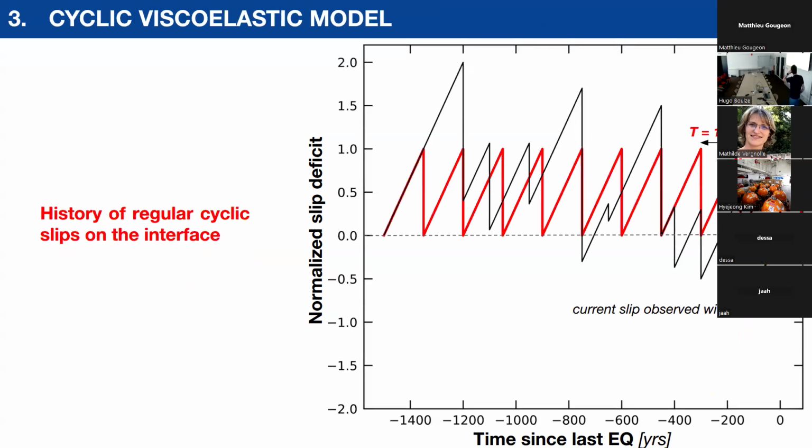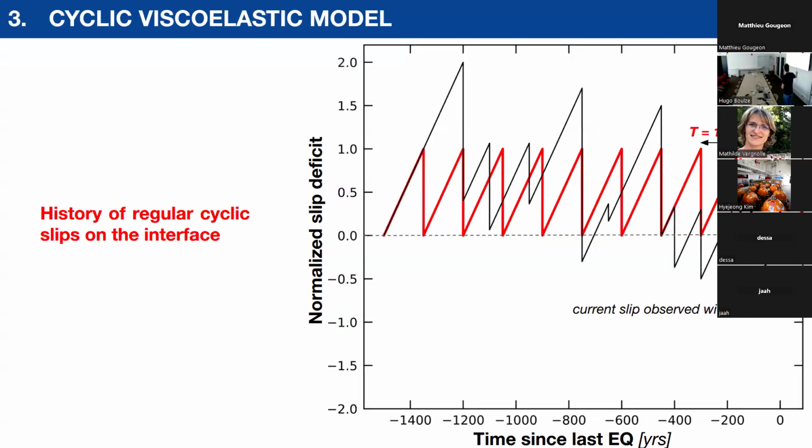And finally, there is this way to model the seismic cycle using a regular cyclic history of slip on the interface. So you assume that the magnitude of the earthquake you are using is what we have really measured in the data. And for the time between these earthquakes, if you have records of seismic history, you can constrain this time, or if you have not, you can at least estimate it.